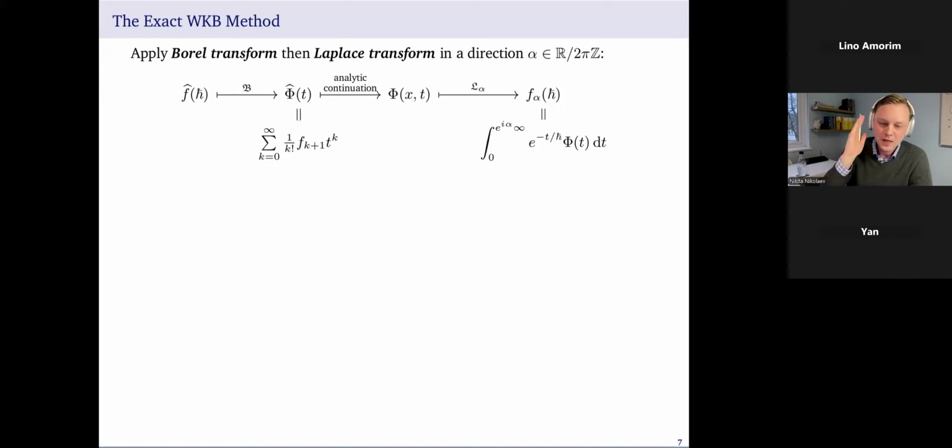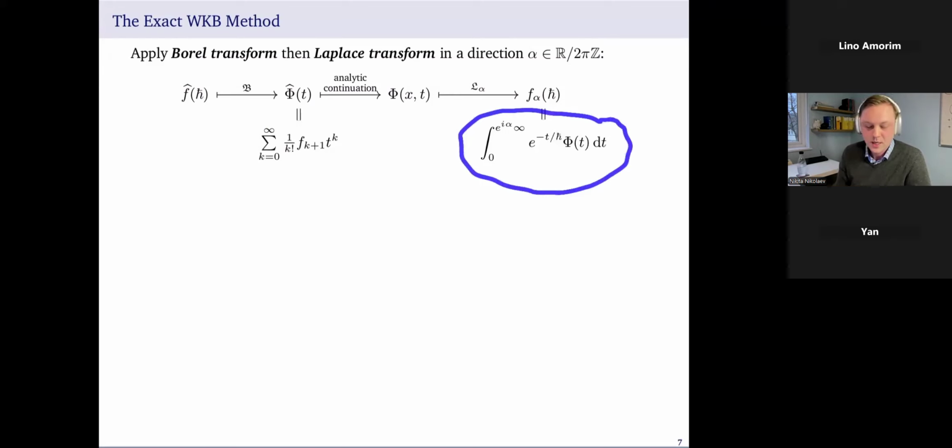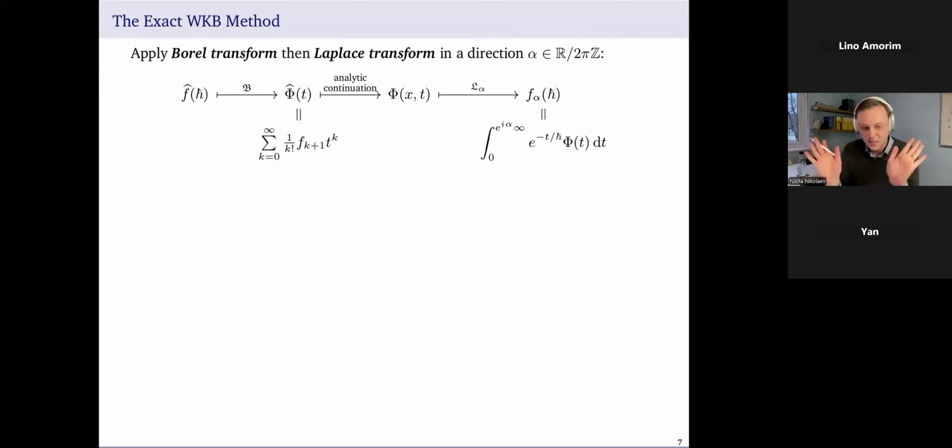That means I will be integrating phi hat along a straight ray in the t plane in the direction alpha, if I'm able to analytically continue it, and on top of that I apply the Laplace transform, which is some kind of improper integral. If that thing converges, then I get an analytic function of h bar defined in some sector of the h bar plane. The analytic function depends on alpha. If I change alpha, basically all bets are off.